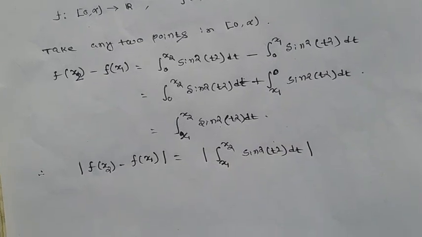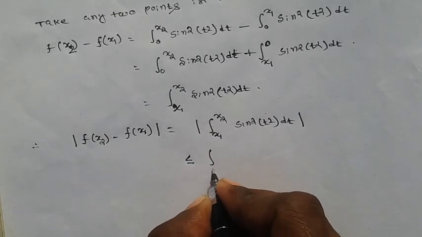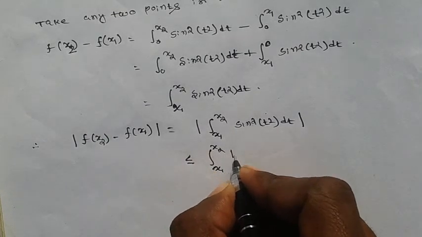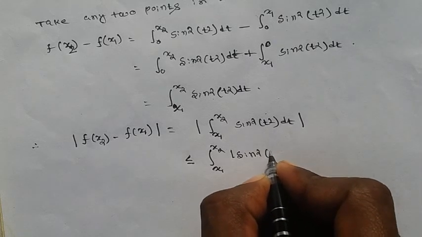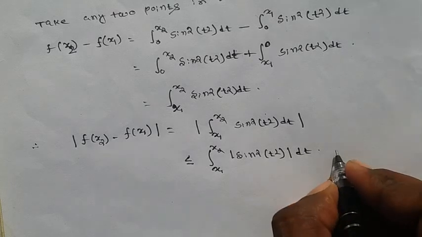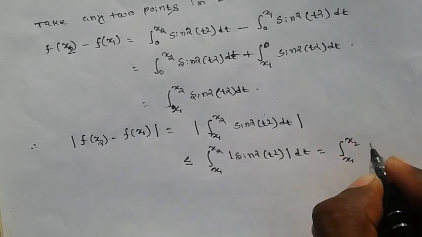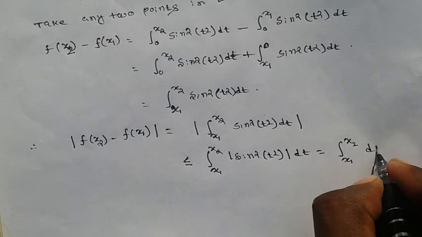And from the properties of integration, this is less than or equal to the integral from x1 to x2 of sin square t square dt, which is less than or equal to the integral from x1 to x2 of dt.